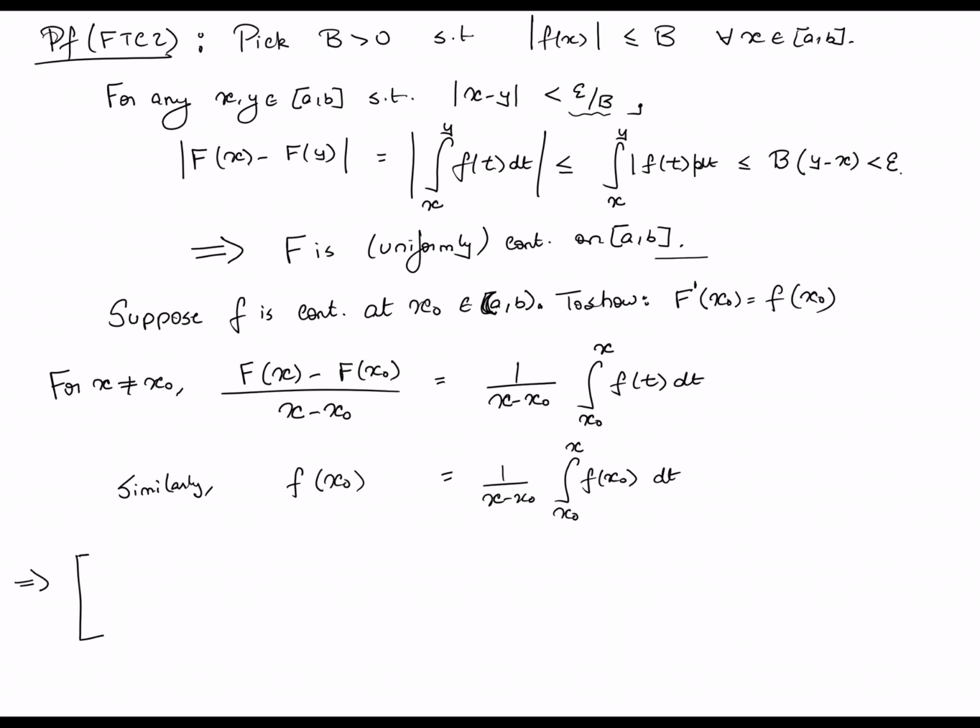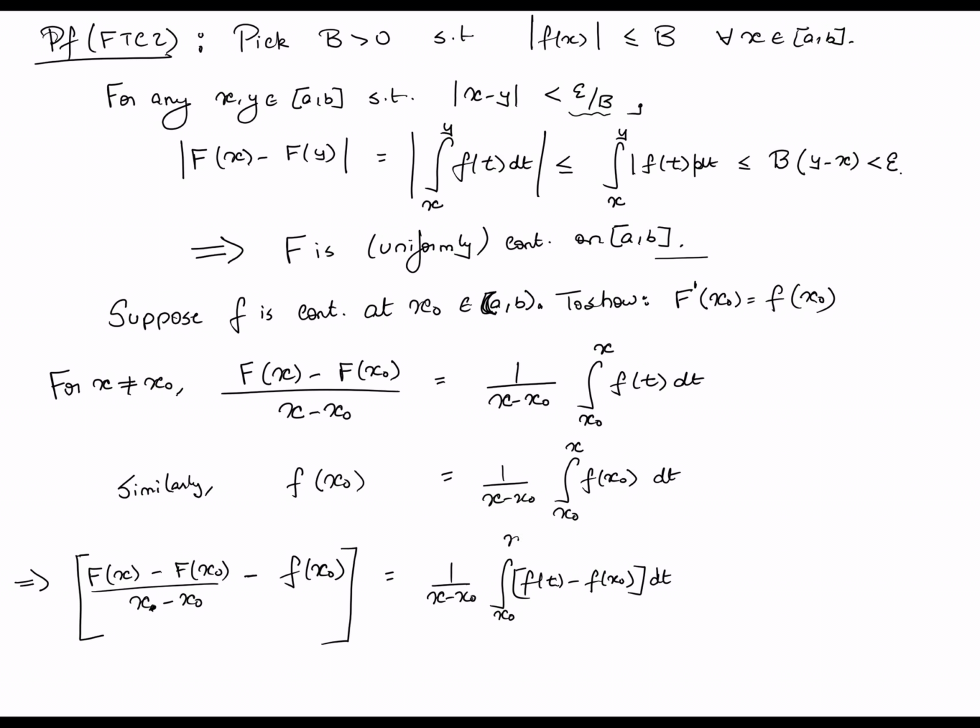Look at the difference of capital F of x minus capital F of x naught upon x minus x naught, minus f of x naught. This is equal to 1 by x minus x naught times the integral of f of t minus f of x naught dt, running again from x naught to x.